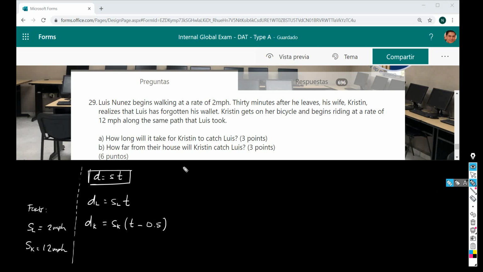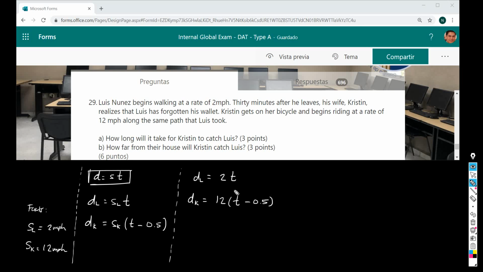Okay, next, what you do is you replace the speeds: the distance that Luis covers is equal to his speed, which is 2, times the time, and the distance that Christine covers is equal to her speed, which is 12, times the time minus 0.5, like so.